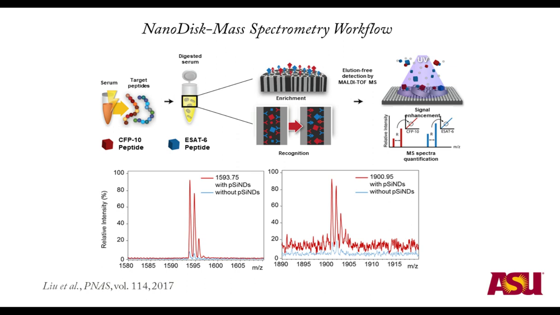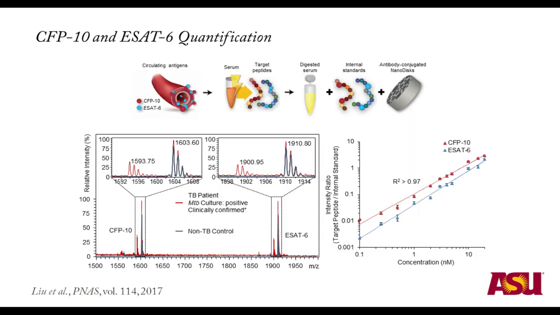As shown in these two spectra, one is for CFP10 and the other one is for ESAT6. The next step is building up the quantification method. We involve an isotope-labeled peptide as the internal standard, and then we can build up the standard curve for absolute quantification, as shown in this spectrum.